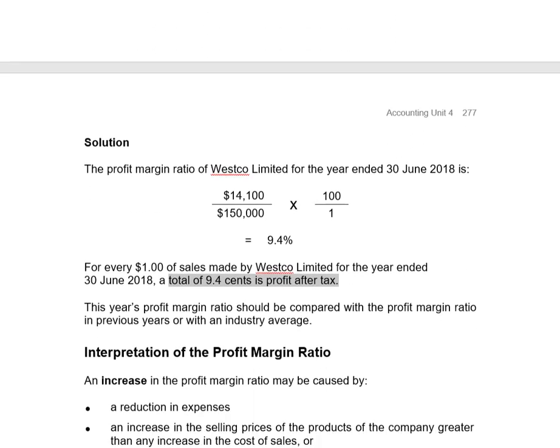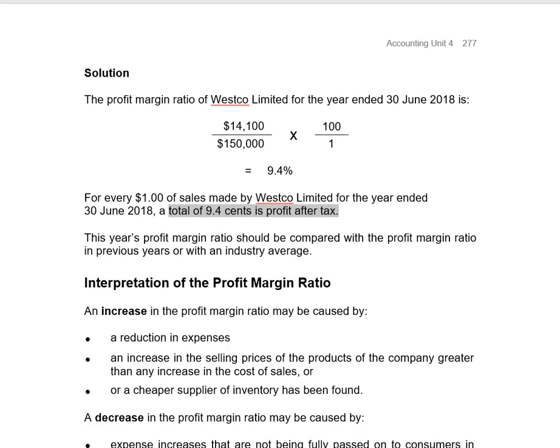Now, you will not really know what is the right figure for the profit margin ratio for any company, but you would want it to be higher. You would want it to increase compared to previous years or compared to an industry average or even a company in the same industry. But how do we look at the interpretation a little bit more closely? So you can look at reasons why profit margin ratio can go up.